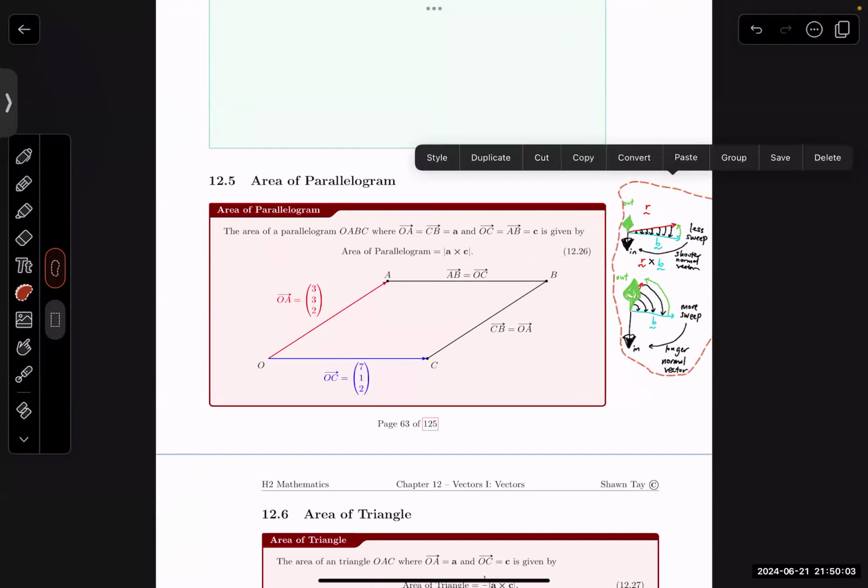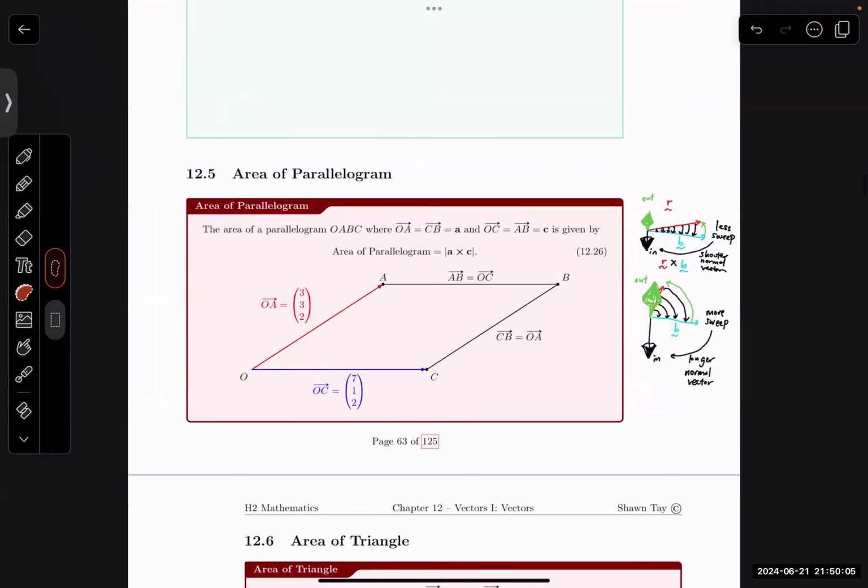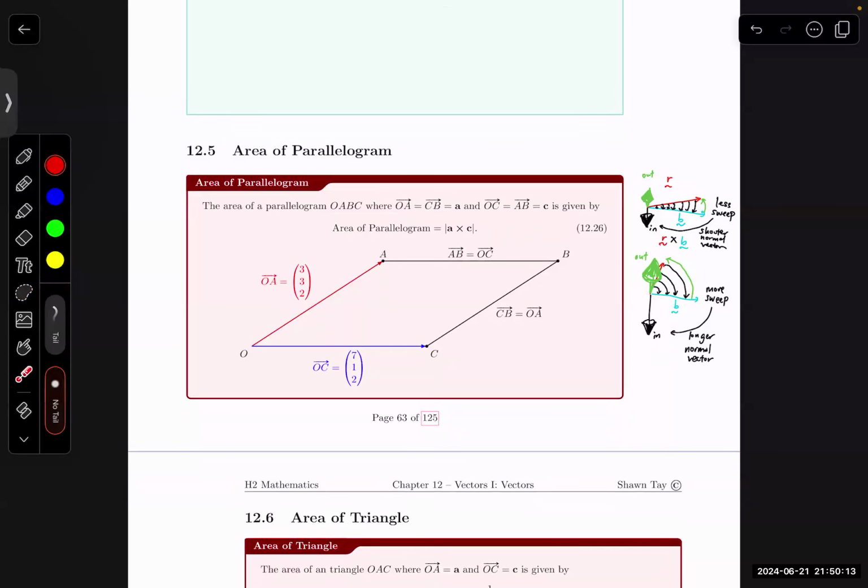So I want you to think of this when you look at your area of parallelogram and area of triangle. Your area of parallelogram, as it turns out, is the same as the magnitude of this normal vector that grows out when you sweep your vectors.